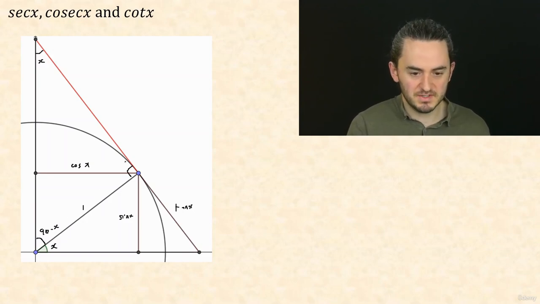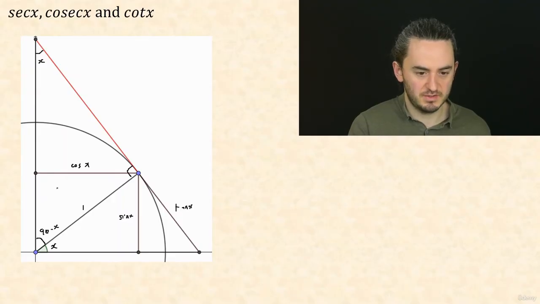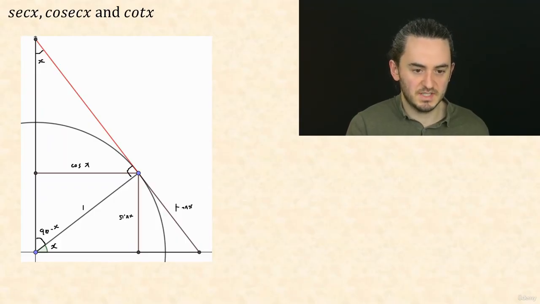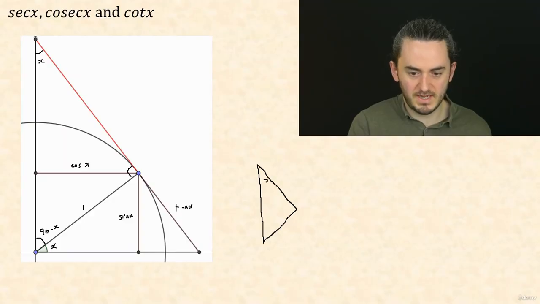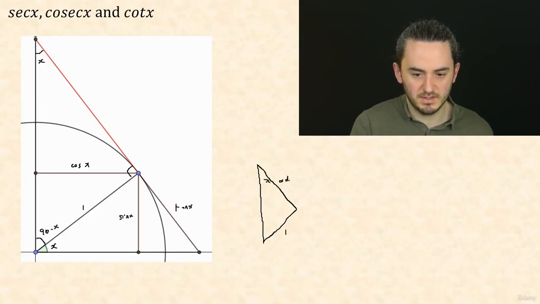So thinking about this big triangle here, this right angle triangle here, I want to work out this side. I've got this angle here, so this red line is adjacent to that angle, and then I know that the opposite side is 1. And just to be clear, the triangle I'm thinking about is this one here, where we know that it's x up here, it's 1 here, and I'm interested in the adjacent side here.